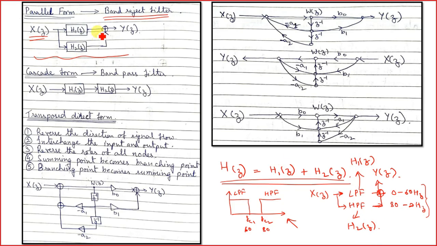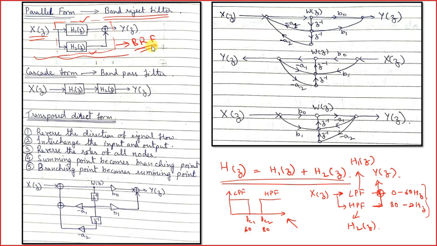So by combining this low pass filter and the high pass filter, we can implement the band reject filter. Getting my point? So this is parallel form realization.